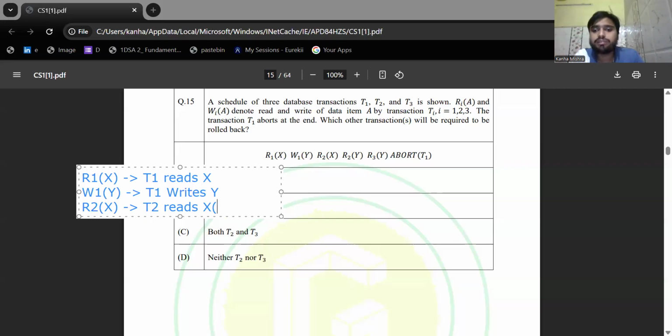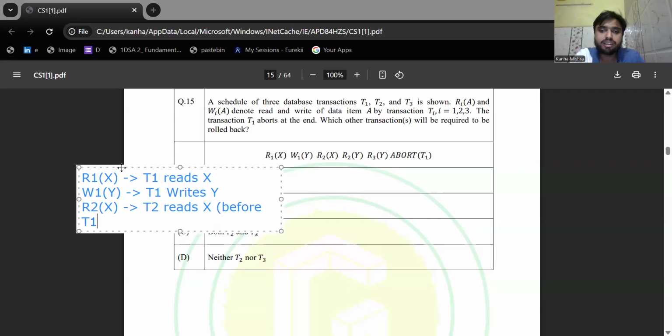So now, is there any dependency? So it is from before T1's write. Matlab, a dependency is there when write-to-read or write-to-write is there. So that is not the case. Transaction 1 has not written anywhere before. So there is no write before, so no dependency.